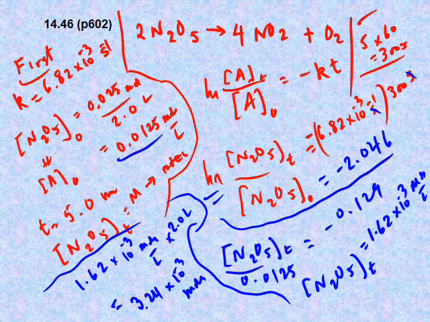That's how much N2O5 in terms of moles will be left after 5 minutes of reaction. So make sure you understand this calculation that I have discussed here.